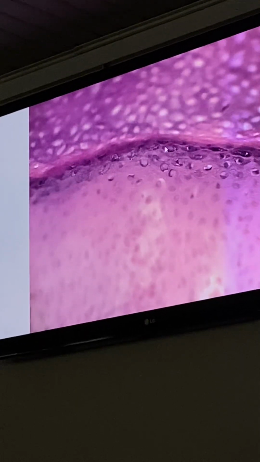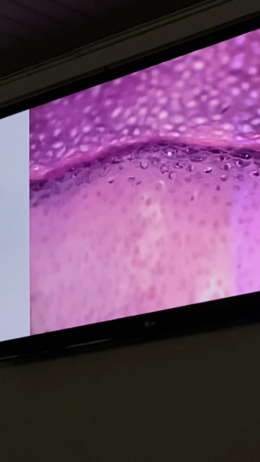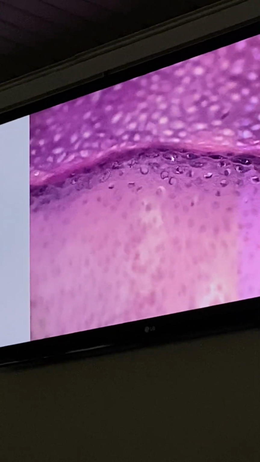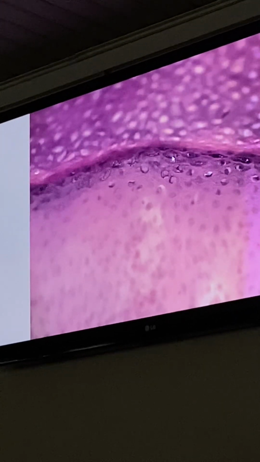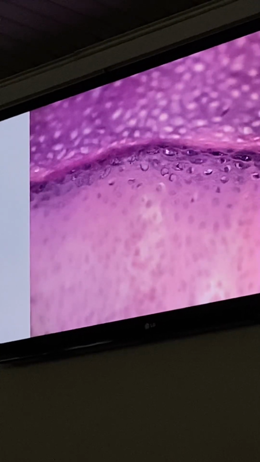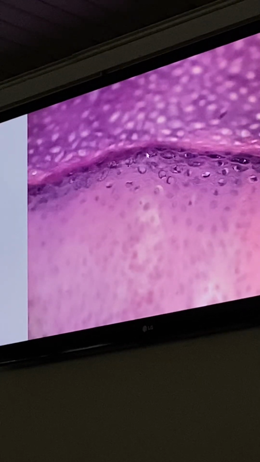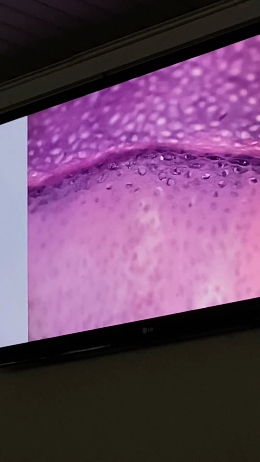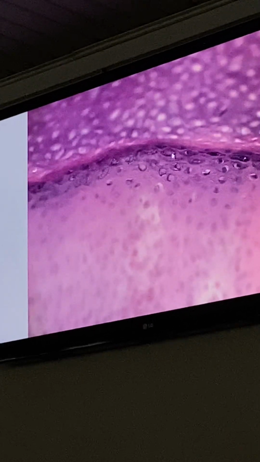You can see this is basophilic, highly keratin, like a dot. This layer is called stratum granulosum, highly keratin granules, basophilic.